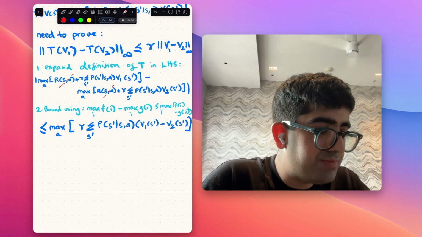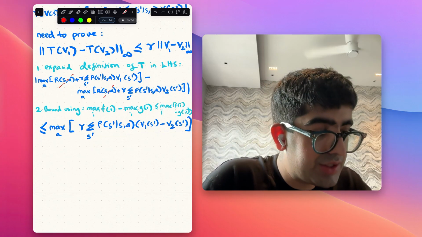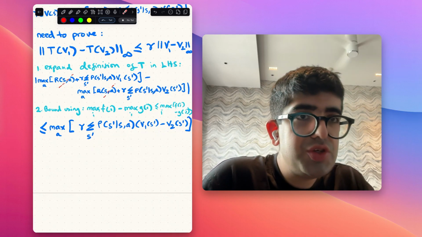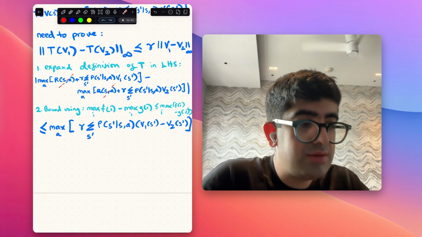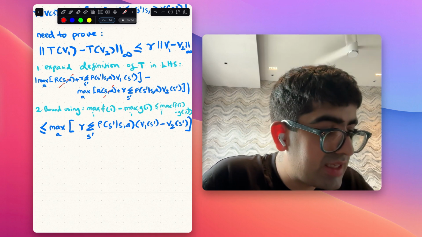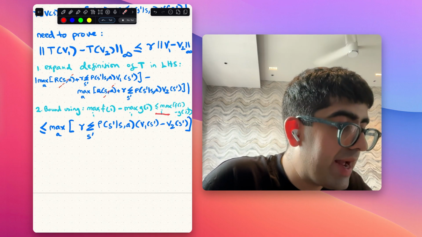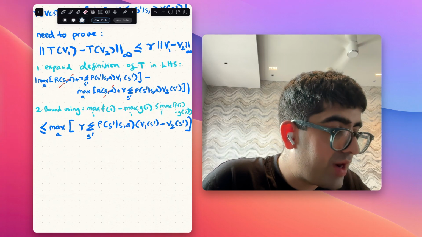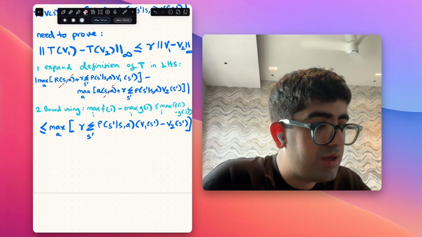And let's say we take the individual max over i's of these two functions, then the difference between the individual maxes will always be less than or equal to the global max of the difference between f of i and g of i.